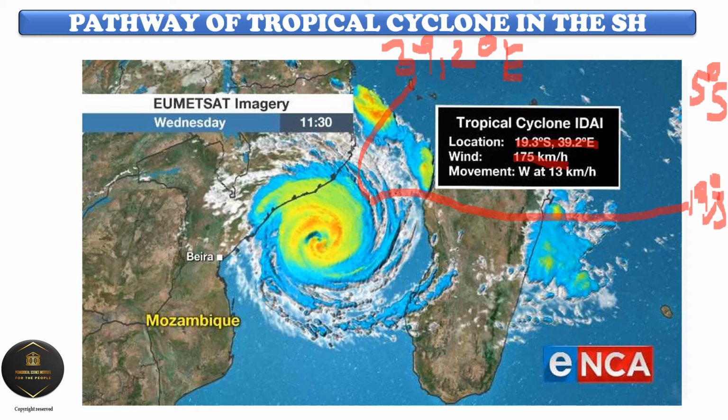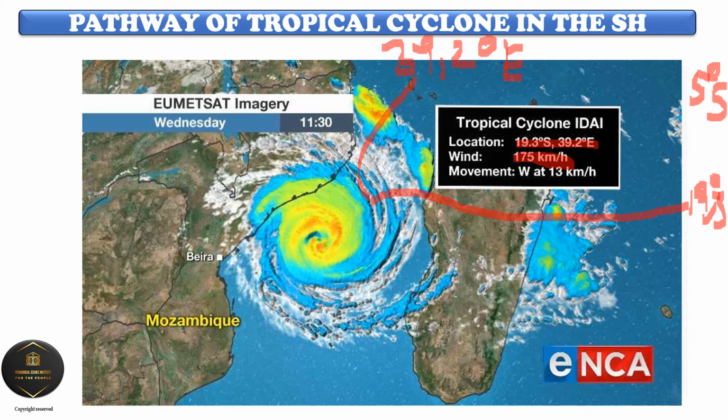Now, we're also interested in the intensity of the winds. So the winds are 175 kilometers per hour. So it's really strong winds, and it is moving in a westerly direction, of course, at 13 kilometers per hour.